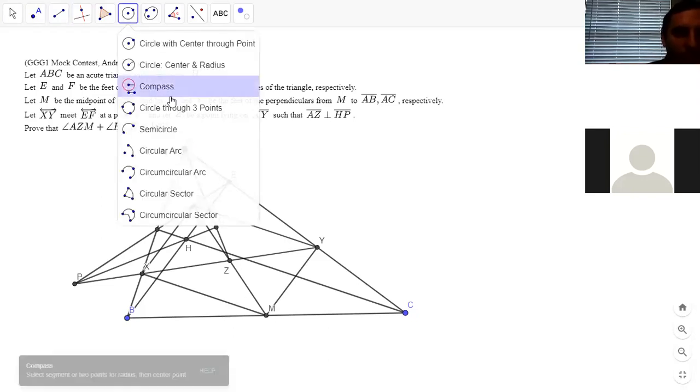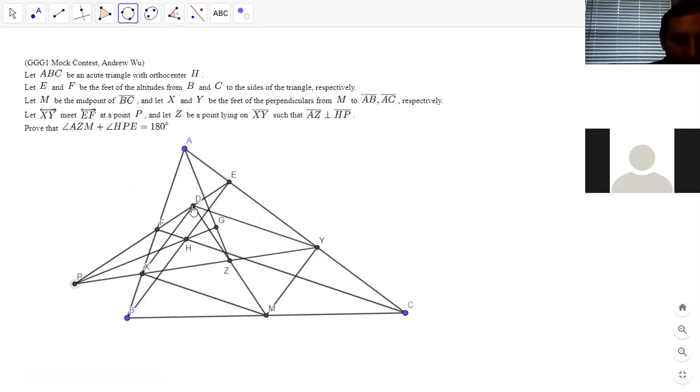So yeah, once we can show that AZ is perpendicular to PH, then that solves the problem.